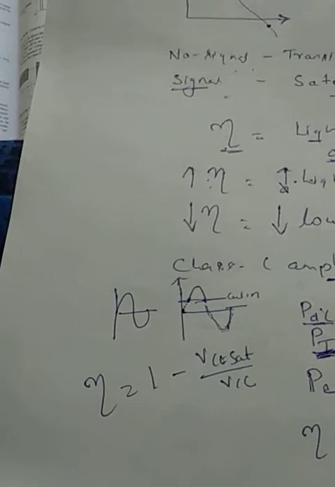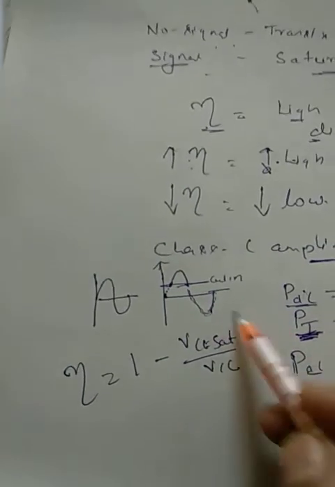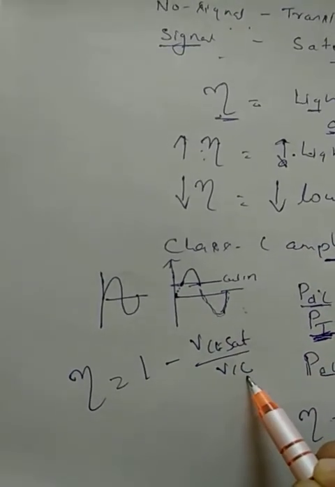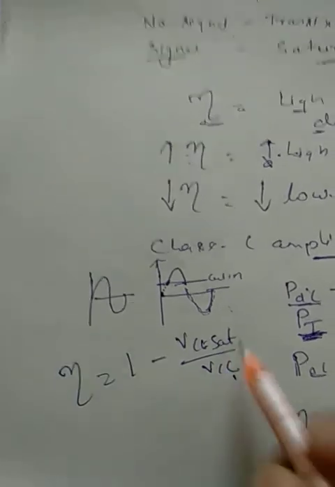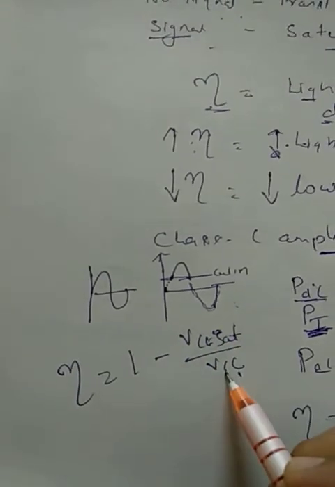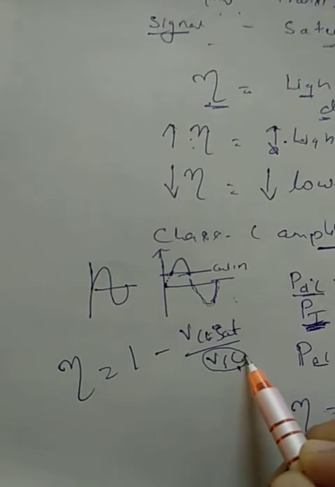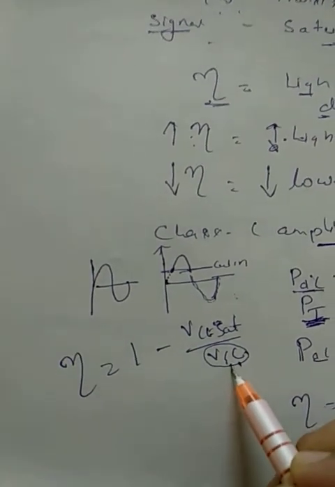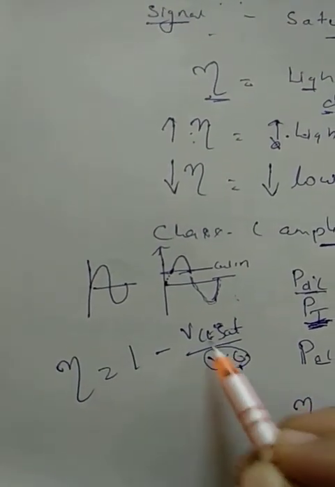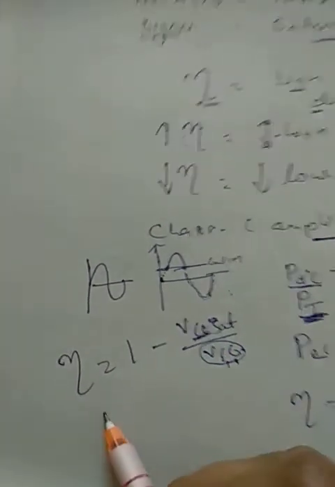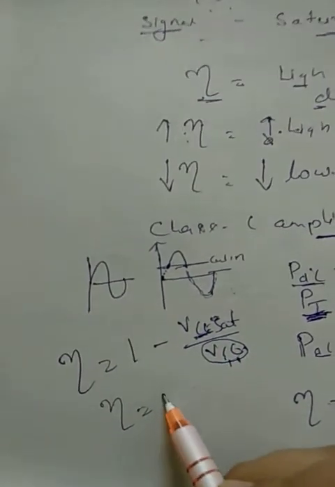In the saturation region, VCE saturation is very small compared to VCC. So the denominator is larger compared to the numerator, and the efficiency is almost equal to 1.